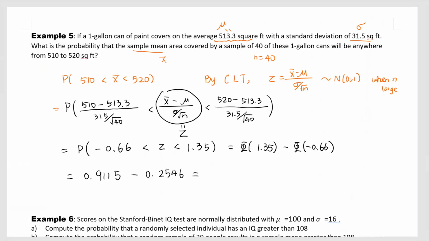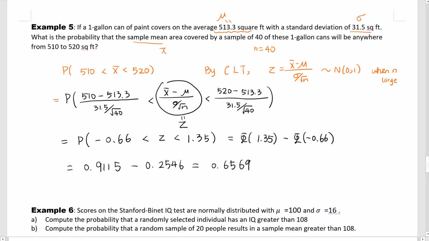What do we get? I get 0.6569. Do you have the same answer? This is the probability that the sample mean area covered by those 1 gallon cans is between 510 and 520.